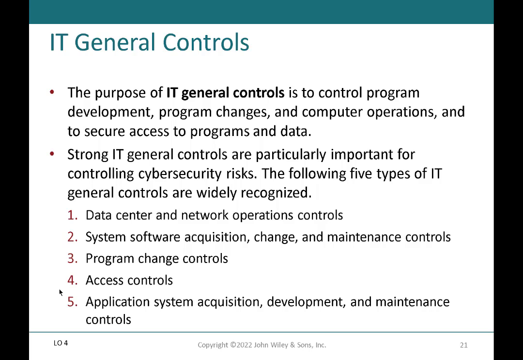So program change controls basically refers to the fact that we want to test new software before we introduce it to live data. Maybe some of you have worked at companies in the past where you've experienced this, where the IT department is trying to make a change to one of their systems, so they do a little bit of testing on it before it goes live.